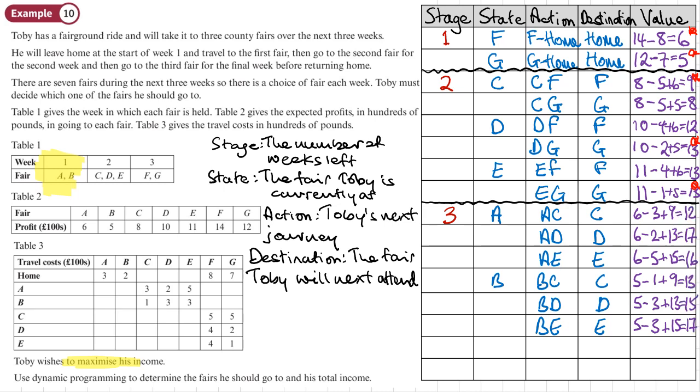These are the final values here, and I want to find the maximum for each state. So state A, the maximum is going to be 17. For state B, the maximum is also going to be 17.